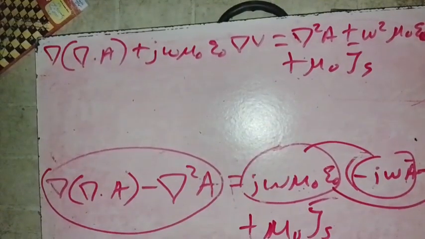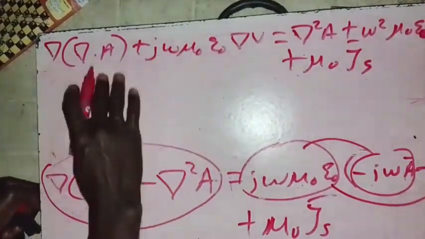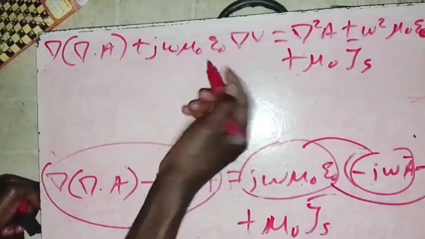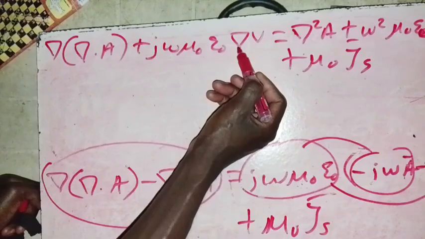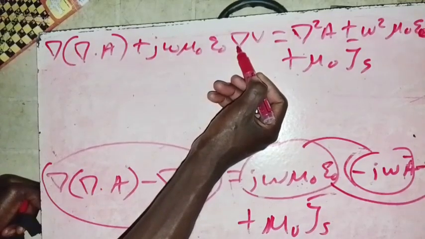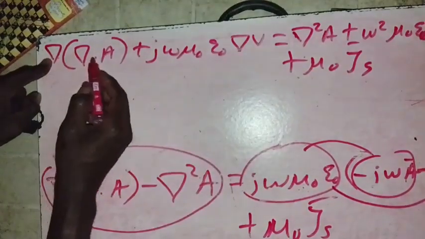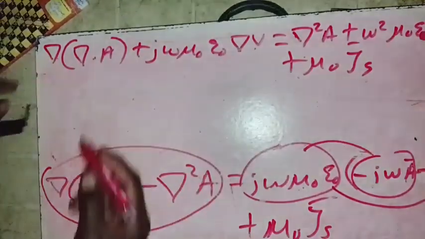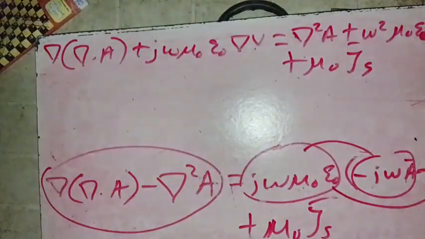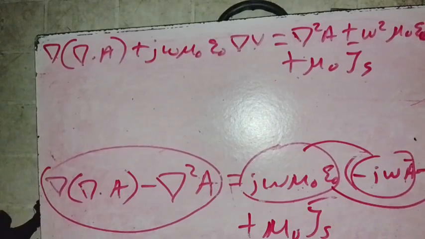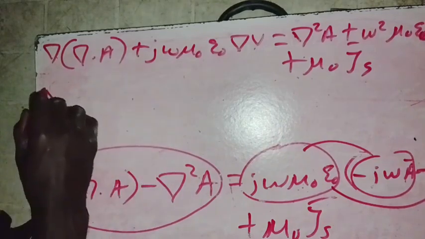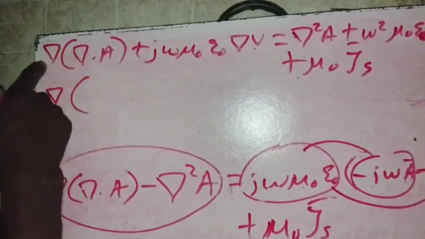Now, looking at this expression we have here, you see that gradient is common. Gradient of this, gradient of this. So you can actually do what? Factor out gradients. So when you factor out the gradient, you have gradient and then the bracket.